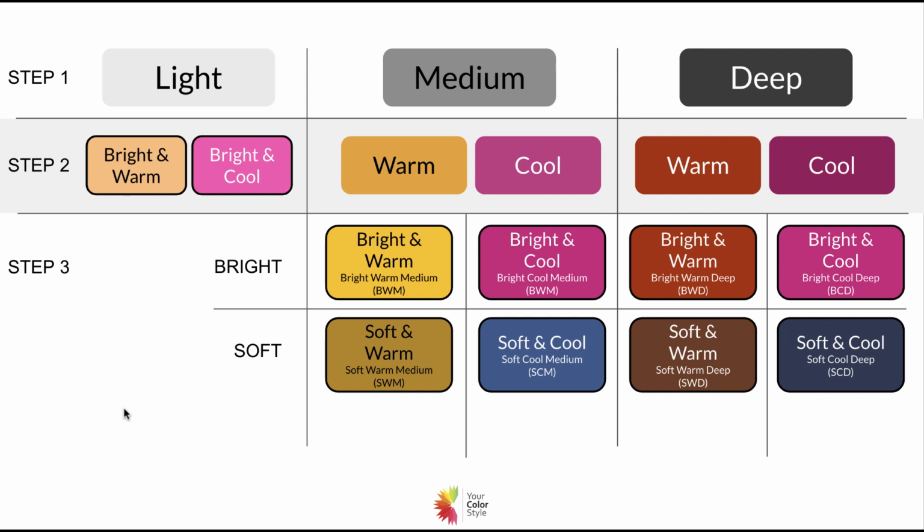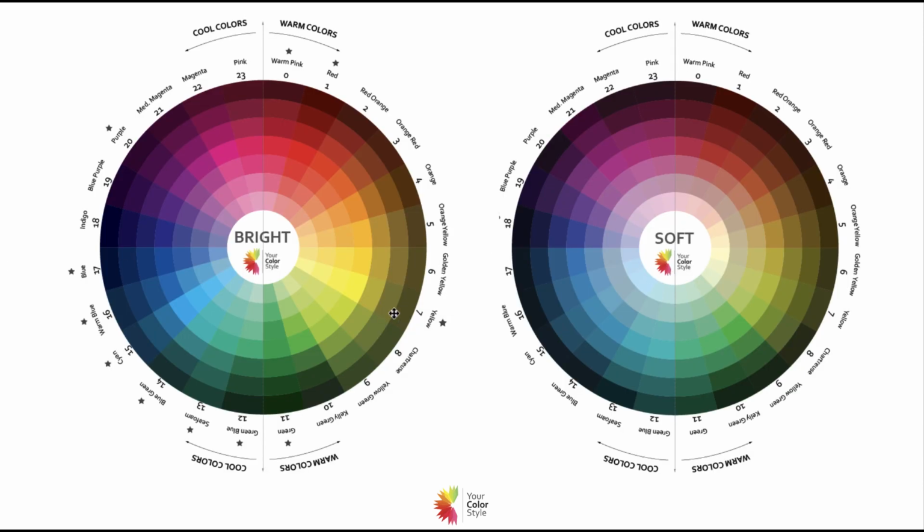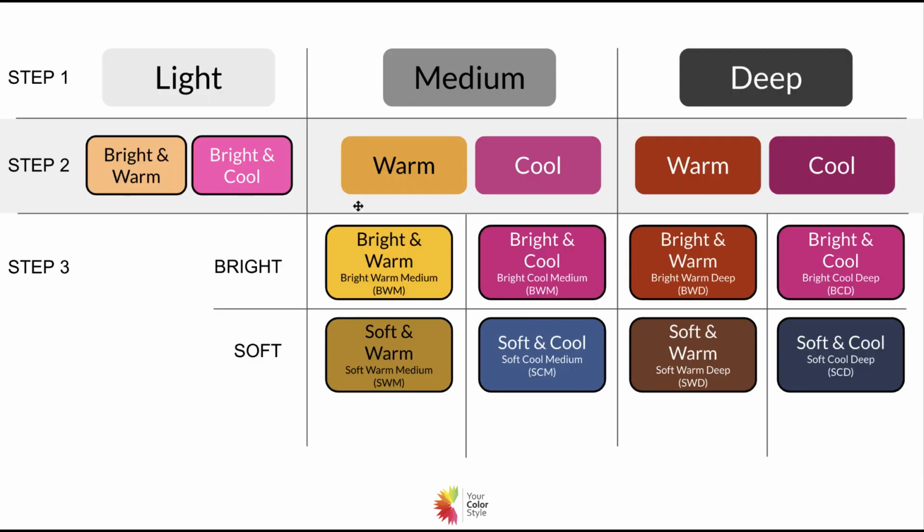So here is a breakdown of the steps that we will be doing. Once upon a time, when Your Color Style was first created with the 12 color types, I had the steps very different. I started out with bright and soft first. You had to decide which color wheel you wore best first, and then we narrowed down with the temperature, warm and cool, and then down to your depth, whether you were light, medium, or deep.